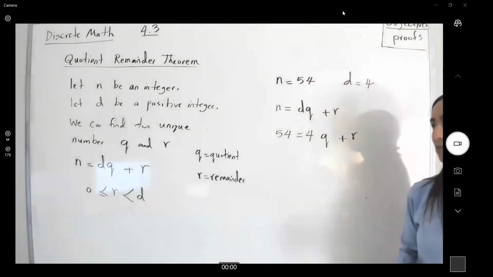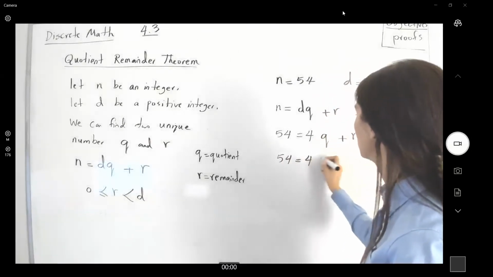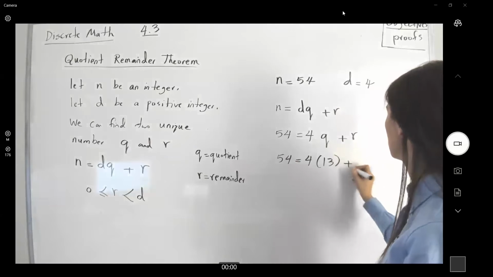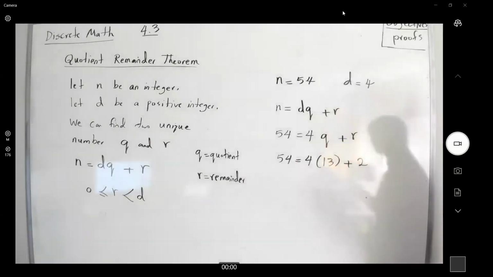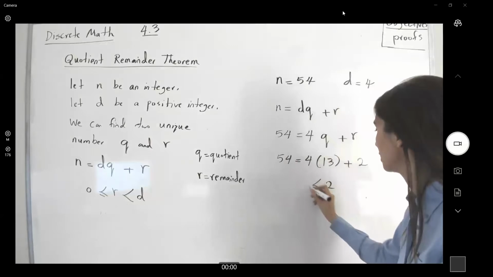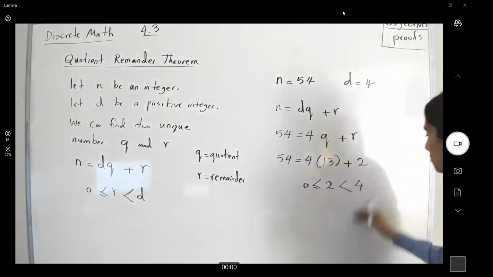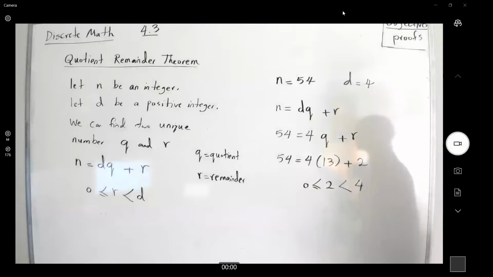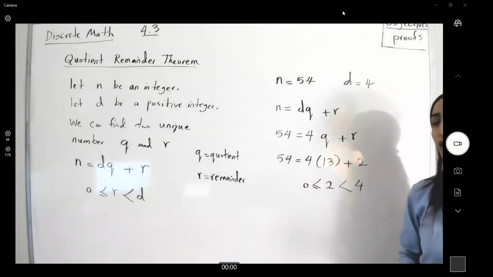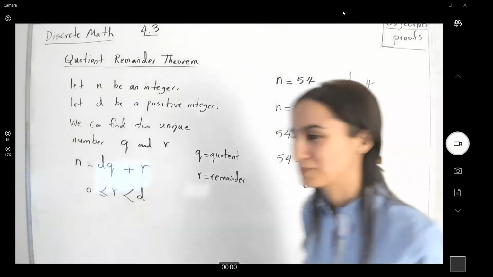It's nothing but the division. So 54 is equal to 4 times 13 plus 2. And note that 2 is in between 0 and d. This theorem, which is very important, is called the quotient remainder theorem.